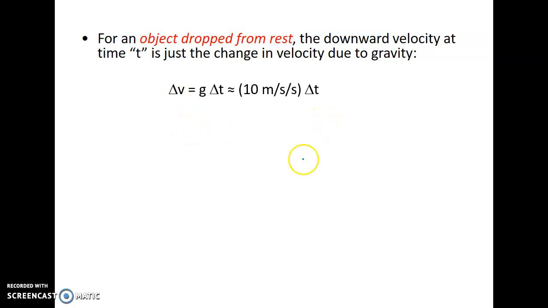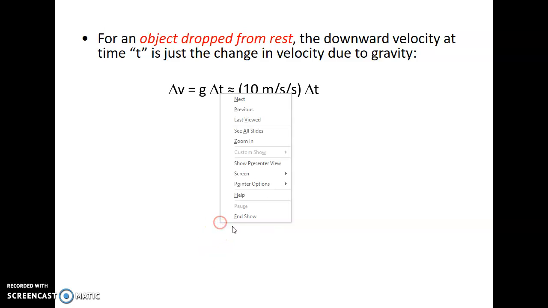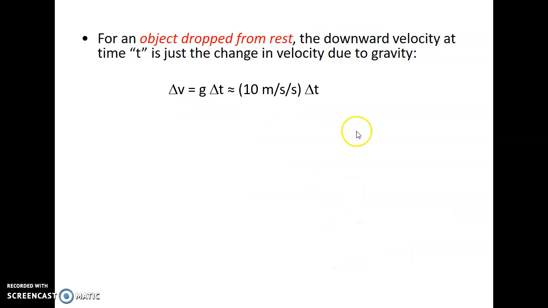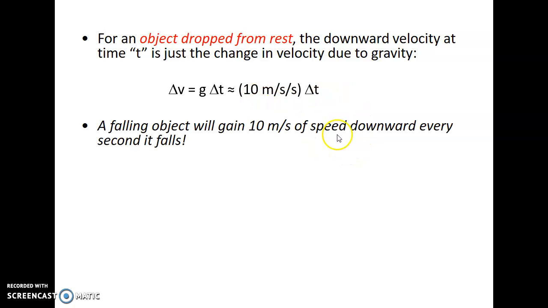So it's going to be delta V, which is g delta t, or 10 meters per second times delta t. So a falling object will gain 10 meters per second of speed downward every second that it falls.